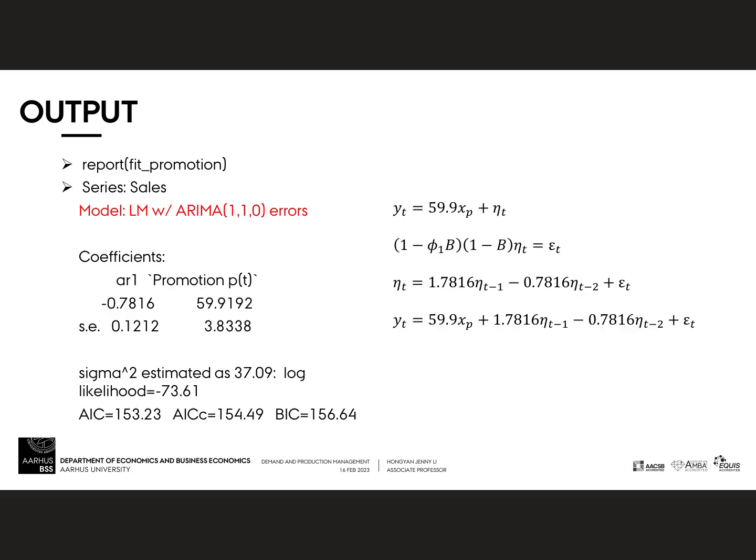If you fit the promotion models, now you can see this output shows you have a linear regression model. You also have ARIMA errors. And the output shows here a phi 1 value. And then the relationship is here. The eta is a residue of your regression models. You first go back to find your eta ARIMA forecast models, and then y equals f of x plus eta.